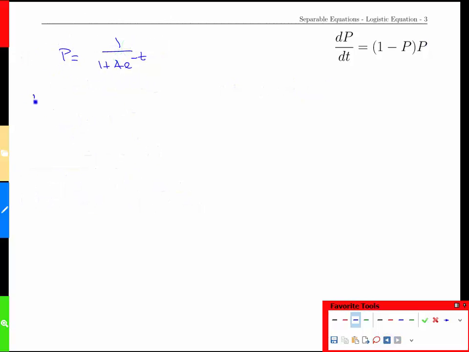There's our solution, and the left-hand side is dp dt. Now this is a fairly complicated function to differentiate, but it's essentially this to the power negative 1. So we're going to have negative 1, 1 plus a e to the negative t to the negative 2 times the derivative of the inside, which would be a e to the negative t times the derivative inside of that, which is negative 1.